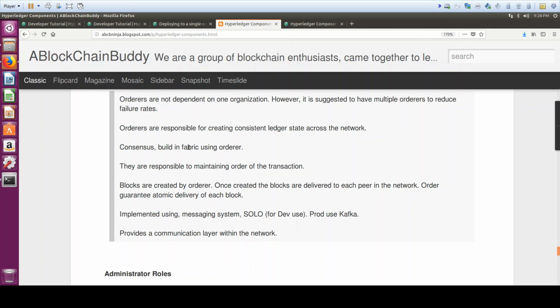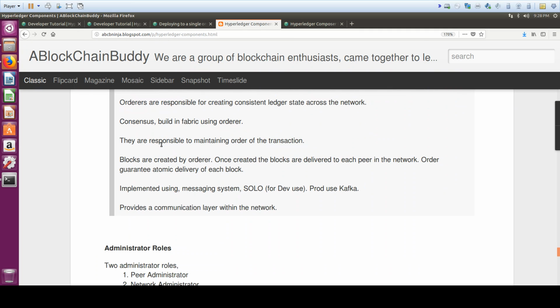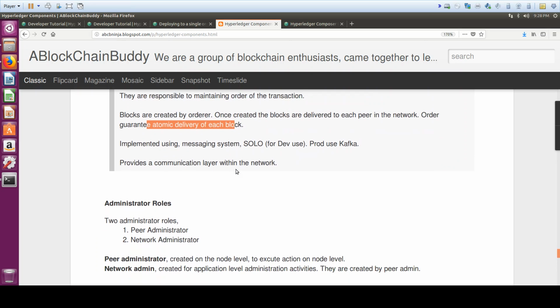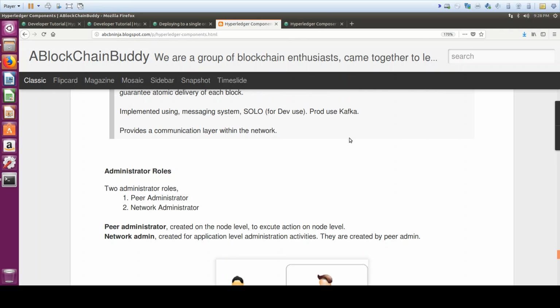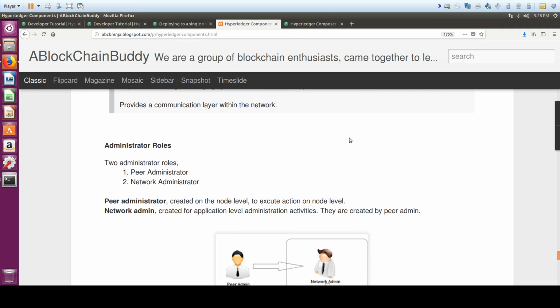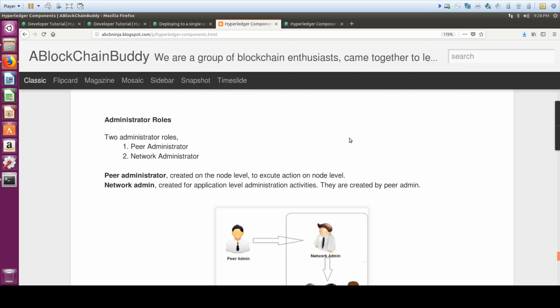Consensus is built in Fabric using the orderer, responsible for maintaining the order of the transactions. Blocks are created by the orderer. Once created, blocks are delivered to each peer in the network. Orderer guarantees atomic delivery of each block. It is implemented using Solo for dev, and for production we use Kafka. It provides the communication layer within the network. That's the main role of the orderer.